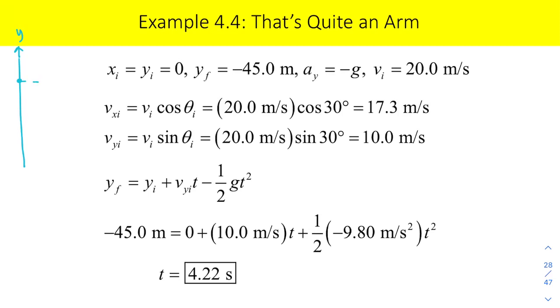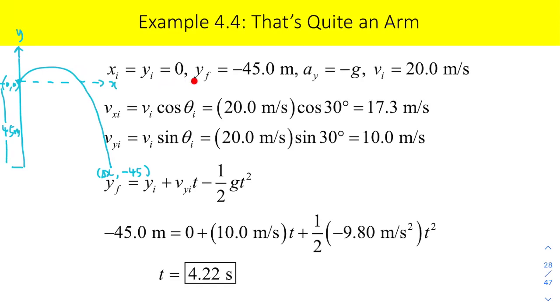This is your y-axis, this is your x-axis. Okay, so the motion is this one. It's already, this is the origin. Here you have whatever delta x is, and negative 45 below, because from here to here is 45 meter.